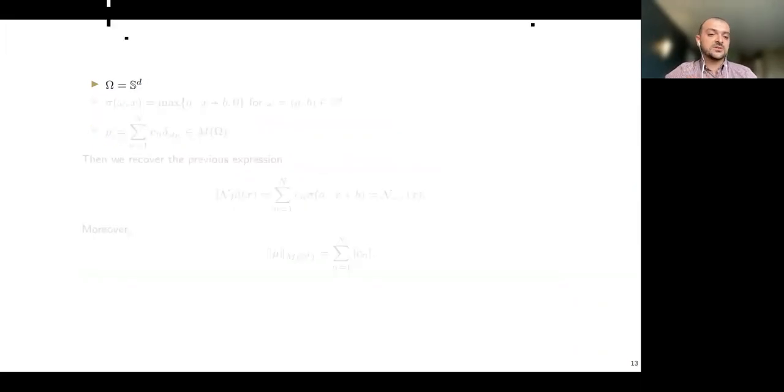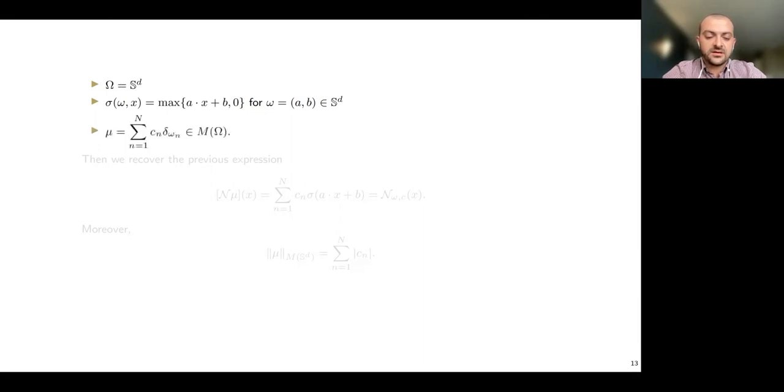So let's convince ourselves that this is really generalizing what we had before. In our previous setting, Omega would be simply the sphere in d+1 dimensions, and sigma(omega, x) was simply the maximum of ax plus b and 0, for omega equal (a, b) in the sphere.